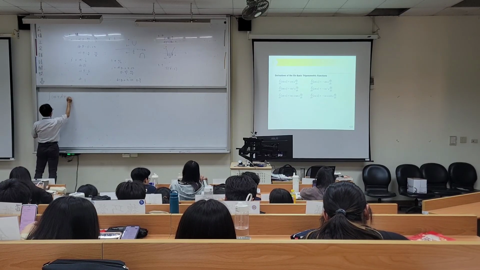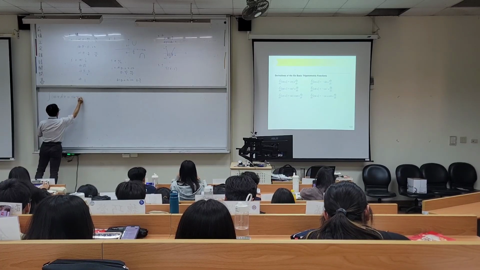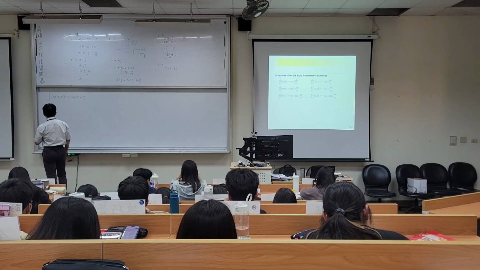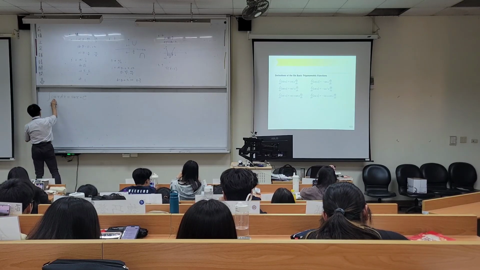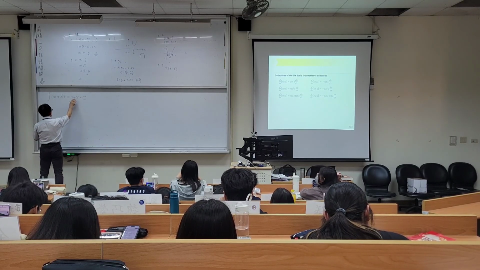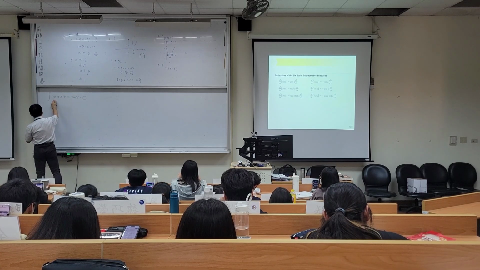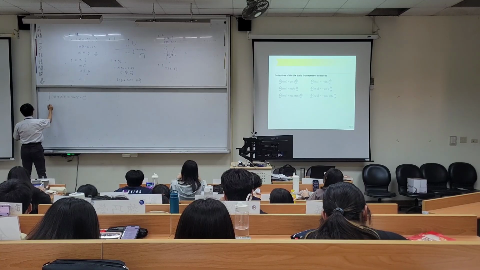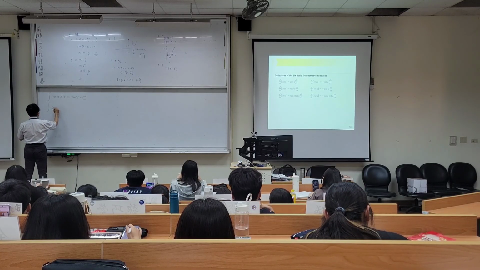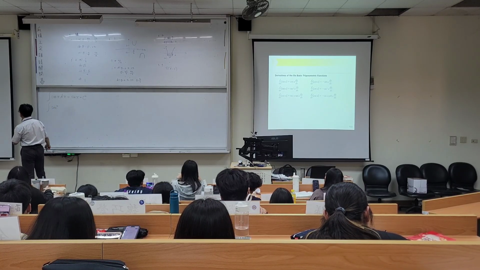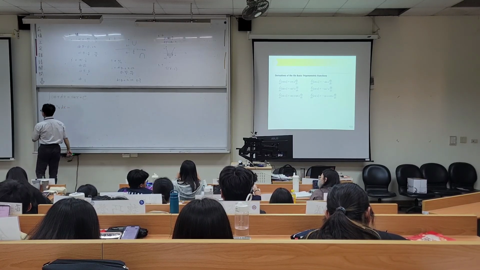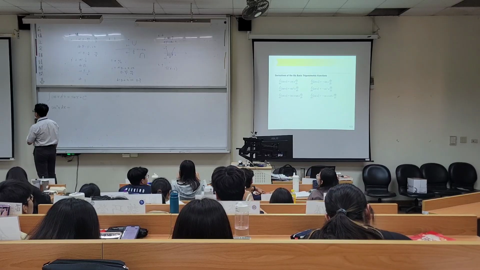You'll get sine x plus a constant, an arbitrary constant, because the derivative of sine is cosine, okay? And also the integral of secant squared x dx will be equal to tangent, okay?